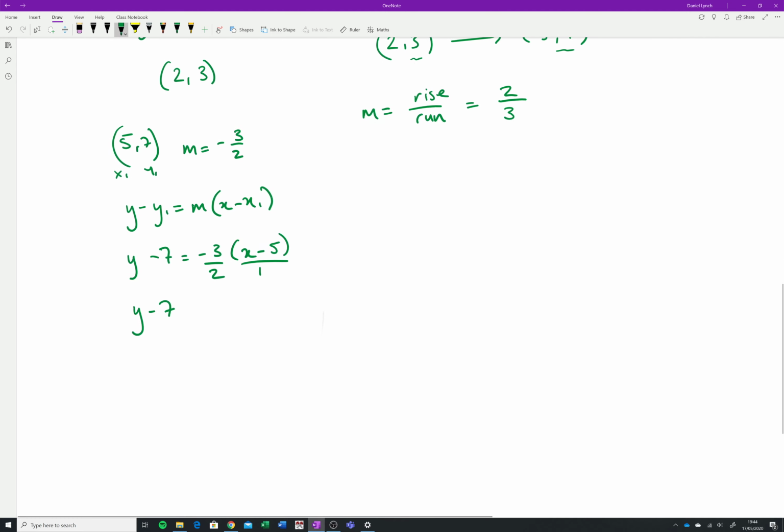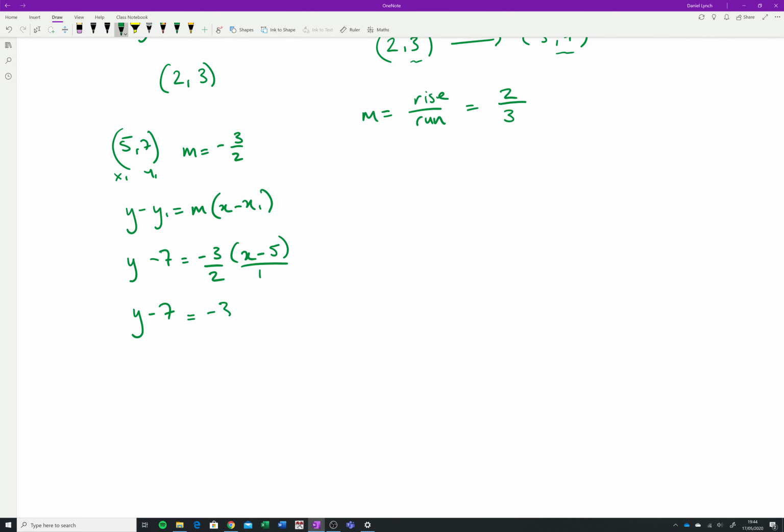Top by top is minus 3x plus 15, bottom by bottom, 2. Multiply both sides by 2: 2y minus 14 equals minus 3x plus 15. Bring it all over to one side: 3x plus 2y minus 29 equals 0. Don't leave out the equal sign, it's real important.